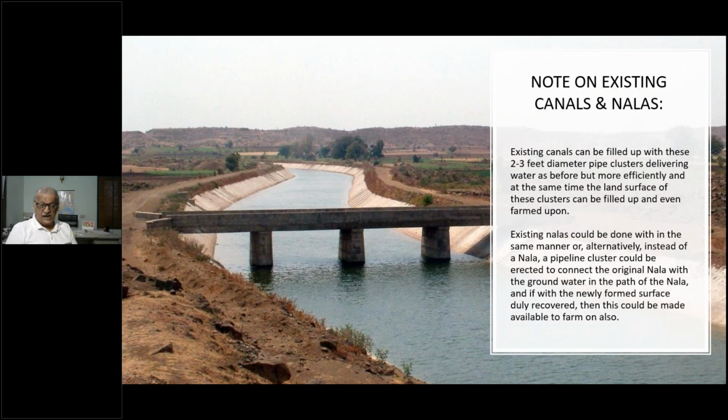Note, there's evaporation, there is canal side leakages or thieving of the water or utilizing the water. I won't say thieving, but usage of the water along the path of the canal.